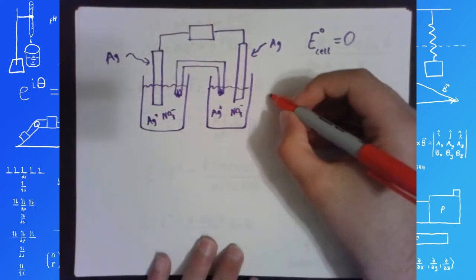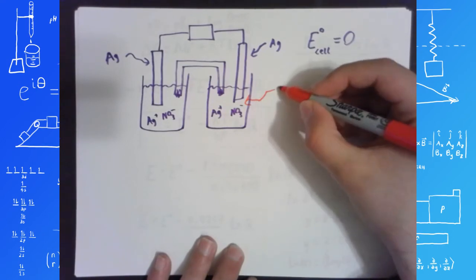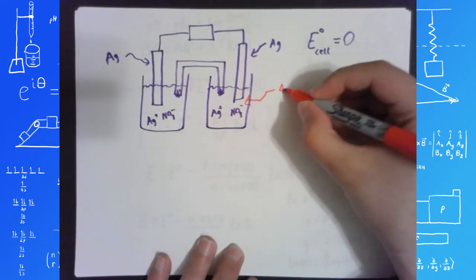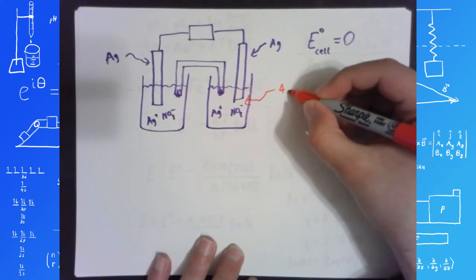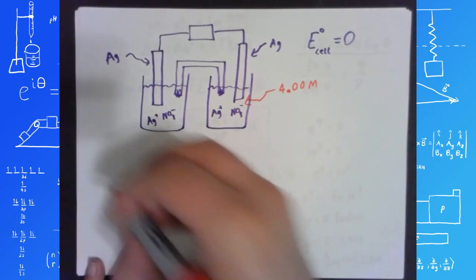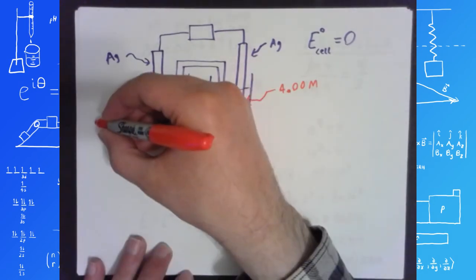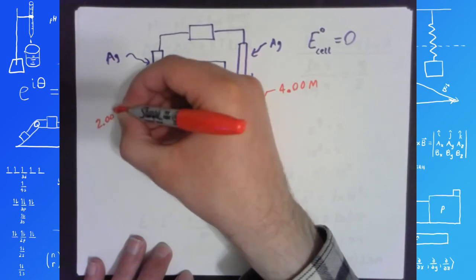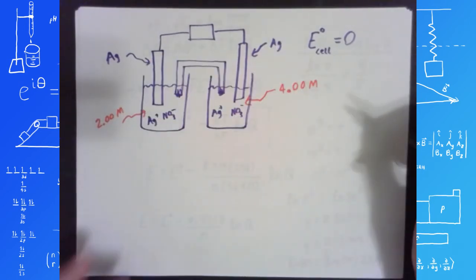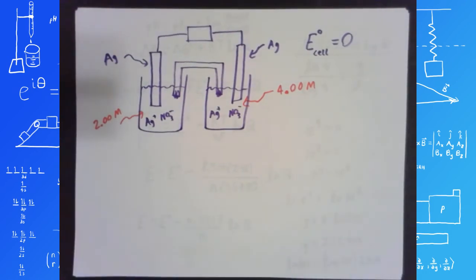So let's say this is at a concentration of 4.00 molar. And let's say this is at a concentration of 2.00 molar. Let's say you've got different concentrations like that.